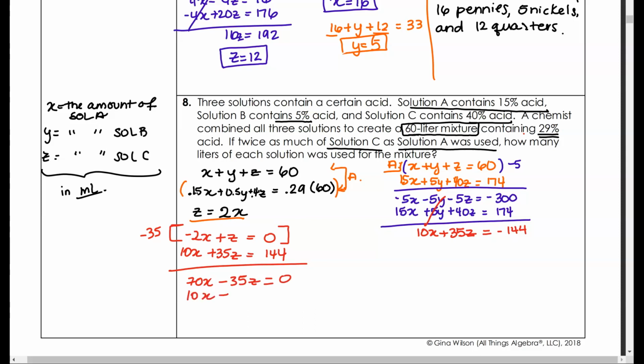And 10X plus 35Z equals 144. And so our Z's cancel out. I get 70 plus 10, that gives me 80X, and that gives me 144. So I'm going to divide both sides by 80, and I end up with X equals 1.8.